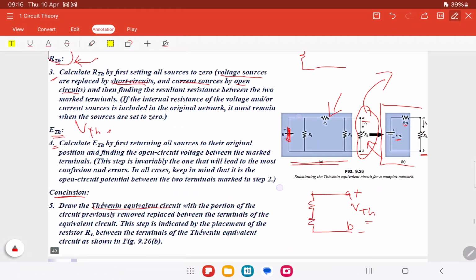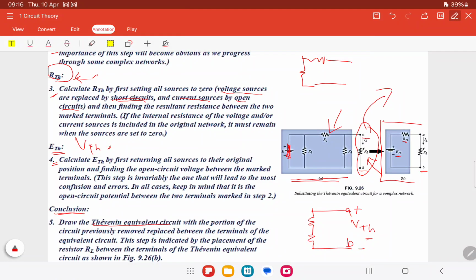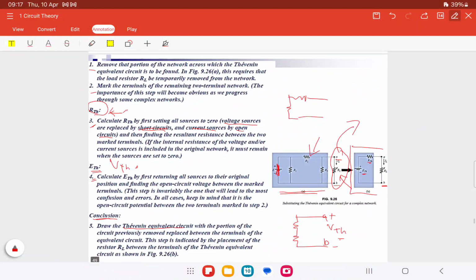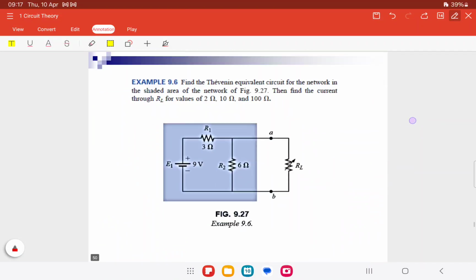Okay, meaning that untuk step 3 dengan step 4 ni dia boleh tukar lah. You nak cari voltage dulu boleh, nak cari current, resistor dulu pun boleh, because dia tak dependent on each other. Okay, alright. So ini adalah cara-cara untuk to get the Thevenin's equivalent circuit.